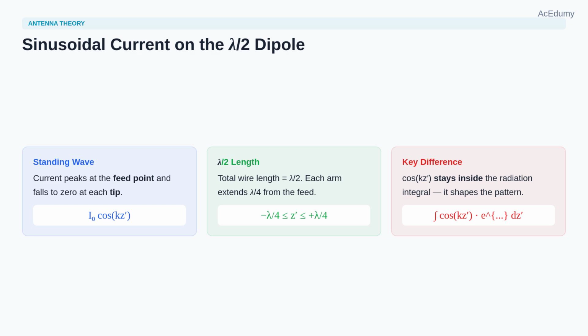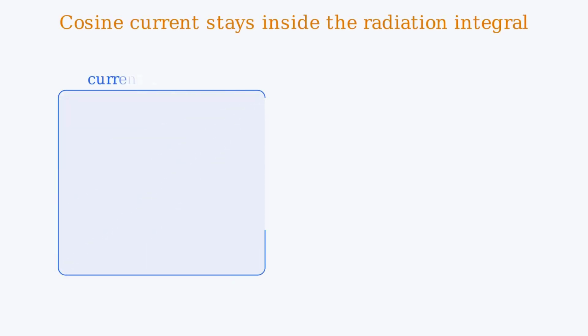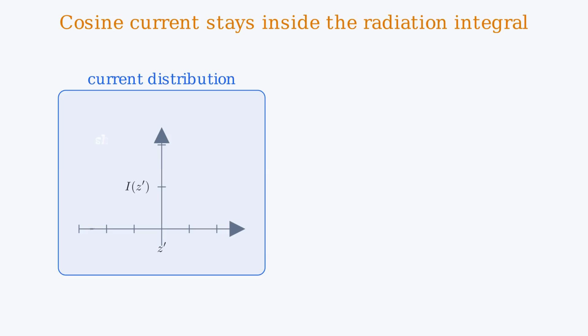Now, the radiation integral no longer collapses to a constant times the wire length. The cosine current must stay inside the integral and shape the final pattern. Place the half-wave dipole symmetrically on the z-axis, running from minus lambda over 4 to plus lambda over 4.